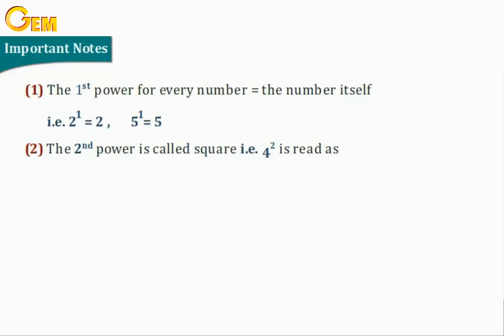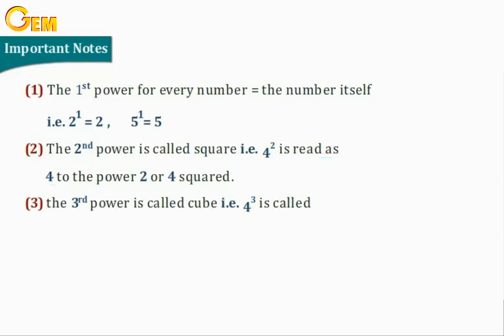That's to say, 4 to the power 2 is read as 4 to the power 2 or 4 squared. Number 3. The third power is called cube. That's to say, 4 to the power 3 is called 4 to the power 3 or 4 cubed.